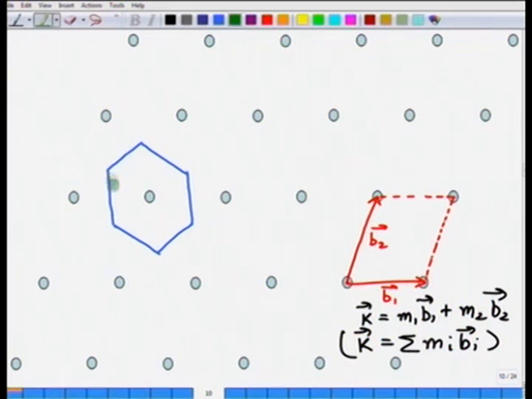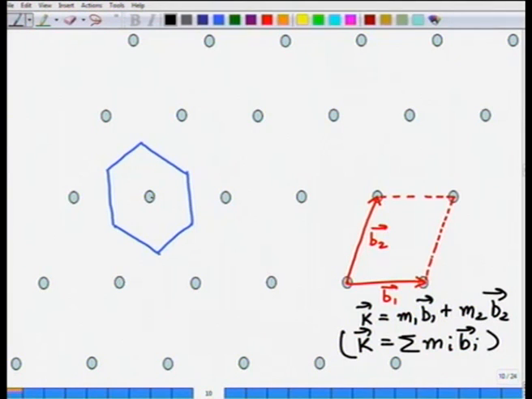The blue line I had shown, that construction, was the Brillouin zone. So, now I want to show you that whatever k you choose, you will always find a k prime which lies in the first Brillouin zone. Let us take that as an example. Let me remain consistent with the example I have chosen, so that the construction is easier.